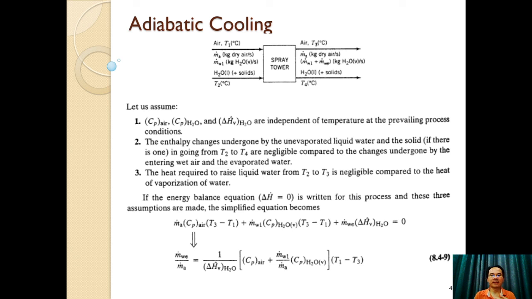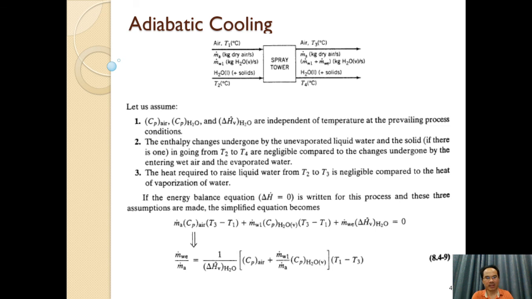Sometimes we can neglect the last two terms. The heat required to raise liquid water from T2 to T3 is negligible compared to the heat of vaporization of water. If the energy balance equation, delta H equal to 0, is written for this process, these three assumptions are made for the required equation.